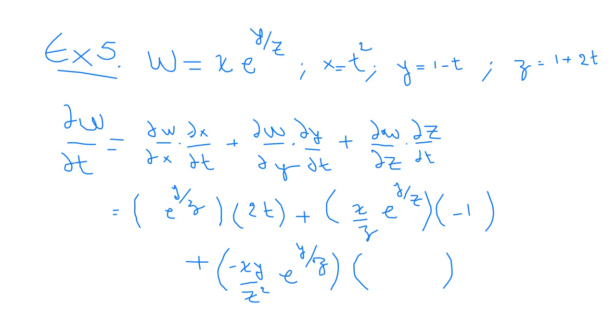The derivative of y over z by the chain rule is minus y over z squared, multiplied by x. And the derivative of z with respect to t equals 1. Is that clear for everyone?